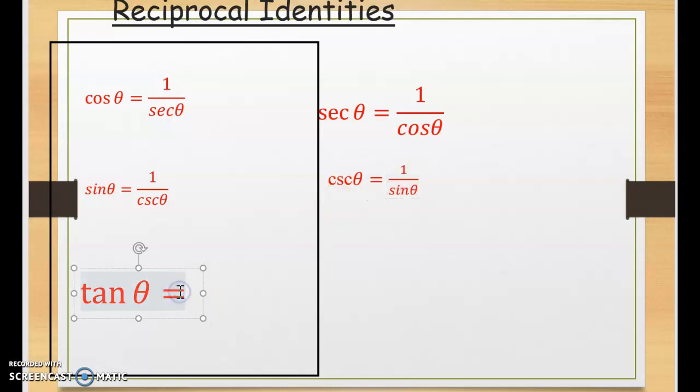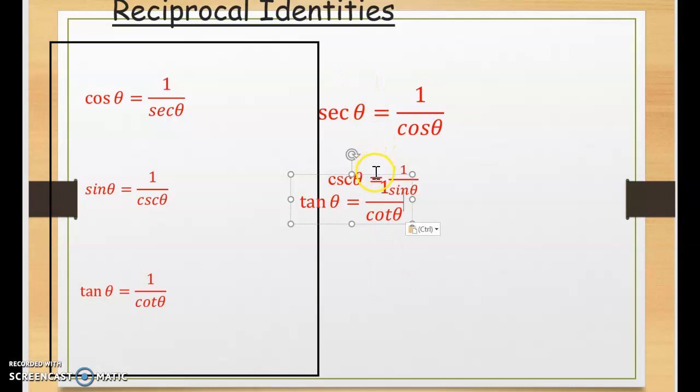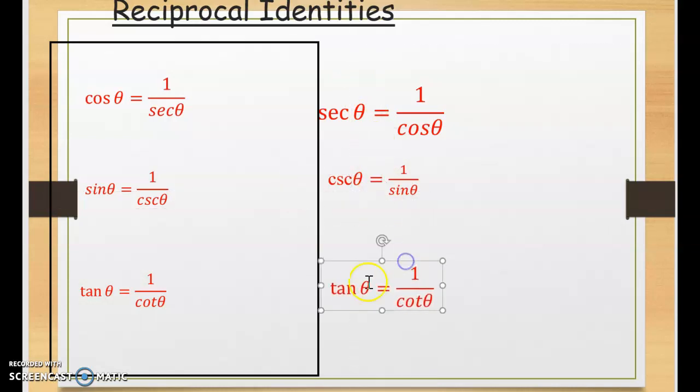Moving on to tangent theta. What is the reciprocal of tangent theta? You guys should be answering me right now, it's 1 over cotangent theta. Which means by that idea, I can rewrite cotangent theta as 1 over tangent theta.